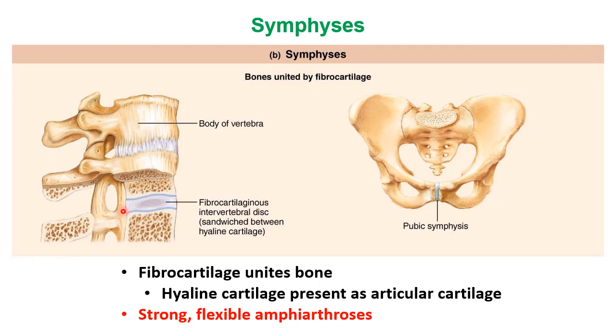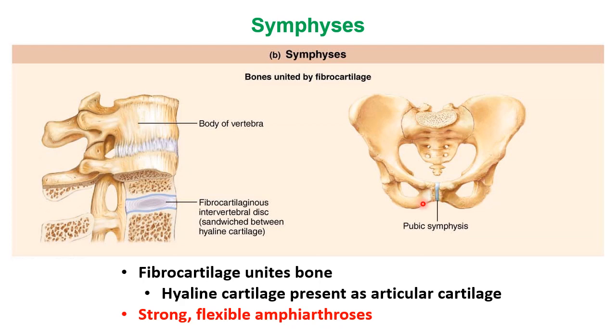The discs have a specific architecture: the outside of the disc is made of this fibrous cartilage, but the inside is made of hyaline cartilage. So the inside, like the pulp of the disc, is more flexible than the outside fibrocartilage shell.